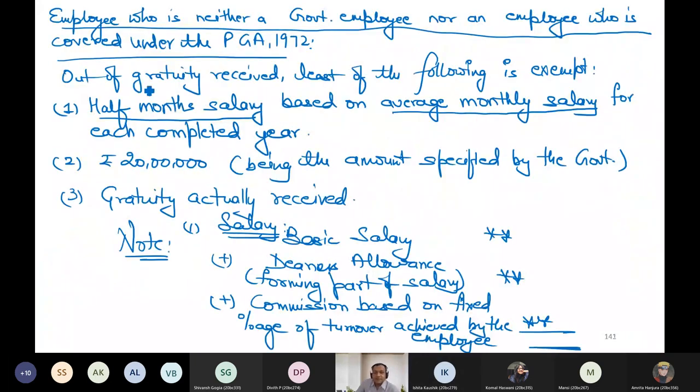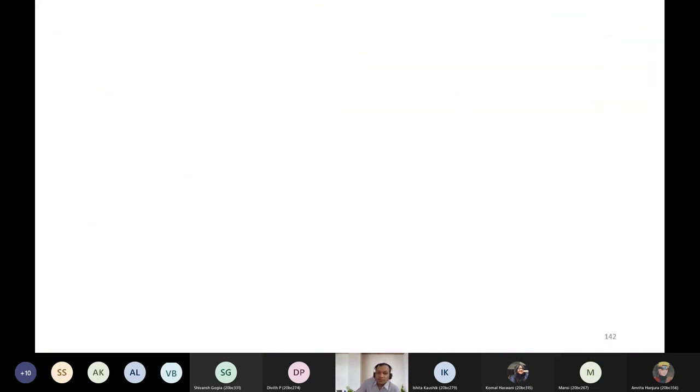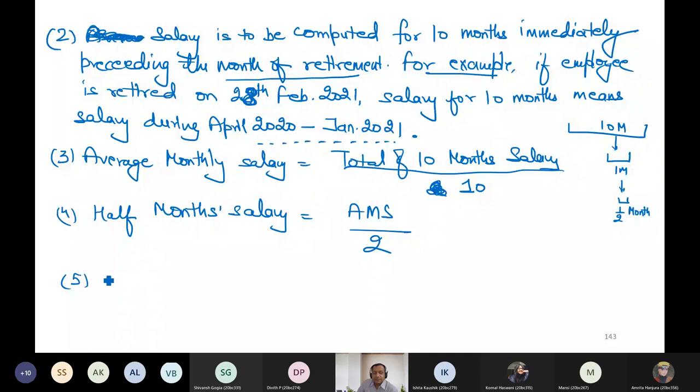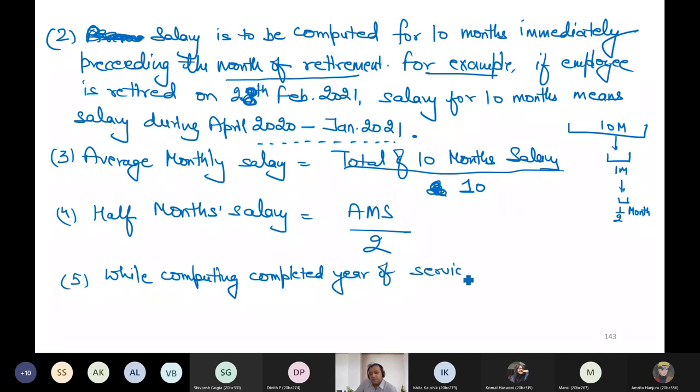Then the last point is, the point says each completed year of service. What do you mean by completed year? While computing completed year of service, any fraction of the year is ignored.